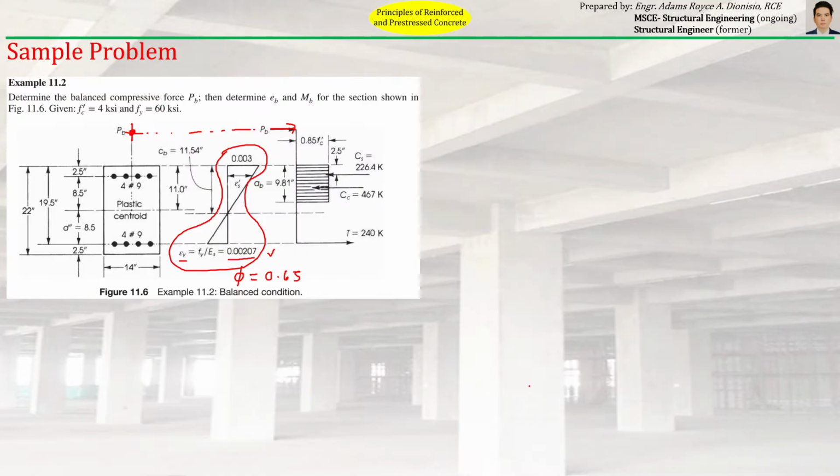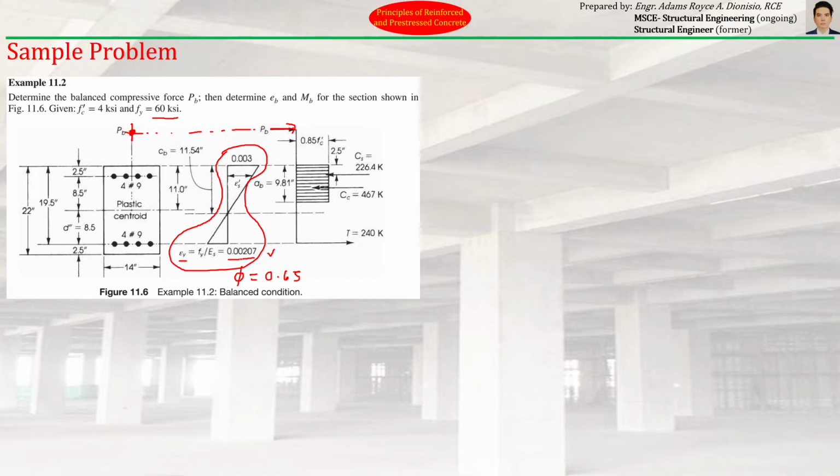Since fy is 60 ksi, according to the code we can simply take the tensile strain as 0.002 instead of 0.00207.